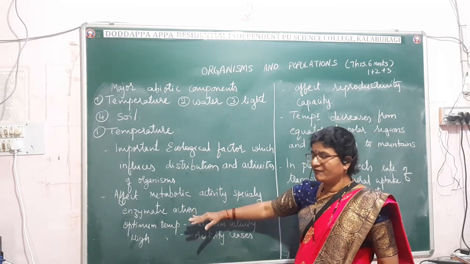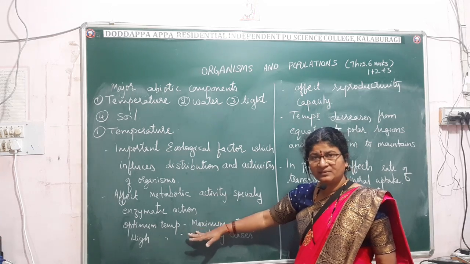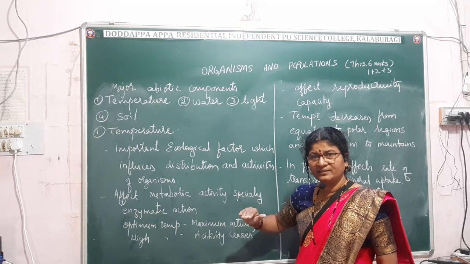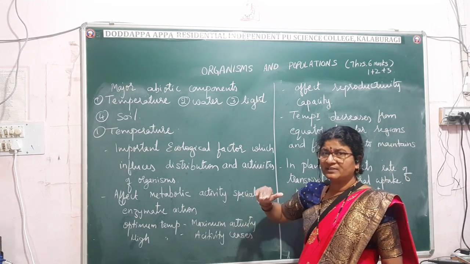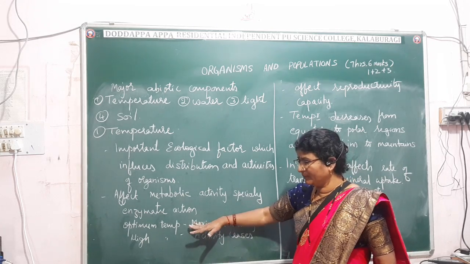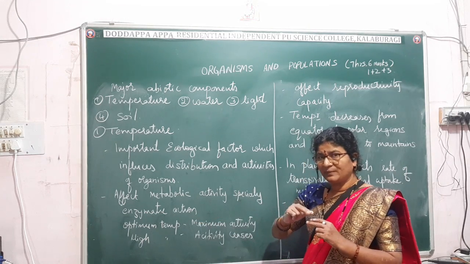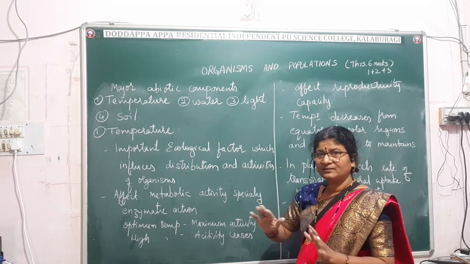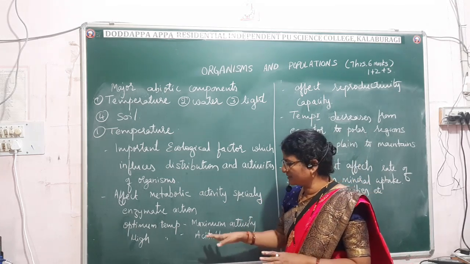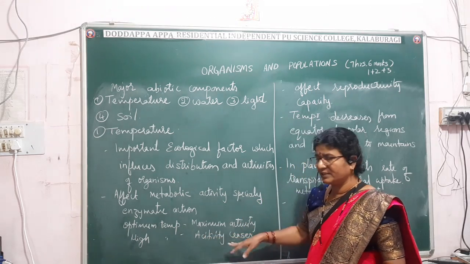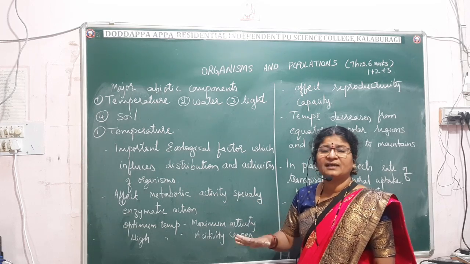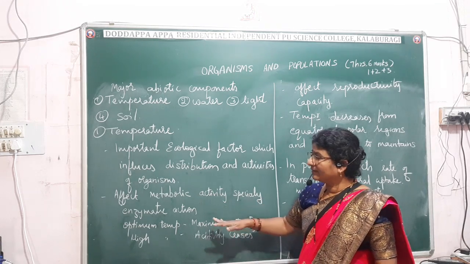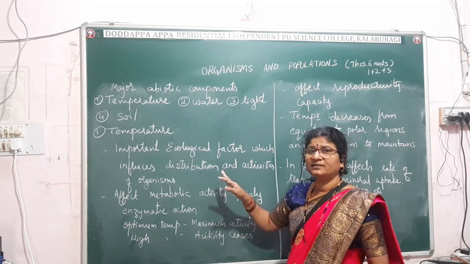When the temperature falls below the optimum, the enzymatic activity decreases, and when the temperature rises above the optimum, the enzymatic activity increases and then it ceases. Ceases means it will go on decreasing, then it stops. The organisms will die. That is how temperature affects.